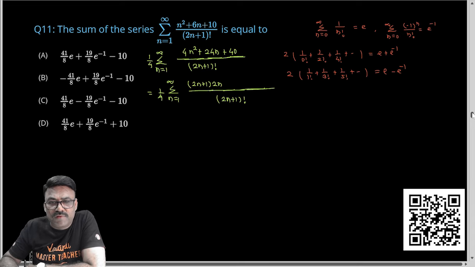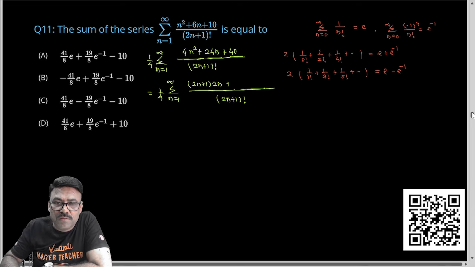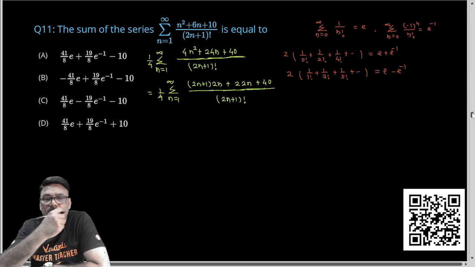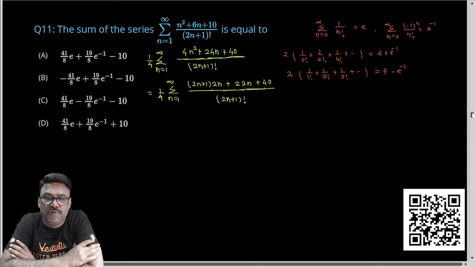So see, it is becoming 4n square plus 2n. But I have 24n. So let's write 22n here plus 40. You can check. It will become 4n square plus 2n and 22n, that is 24n, plus 40.